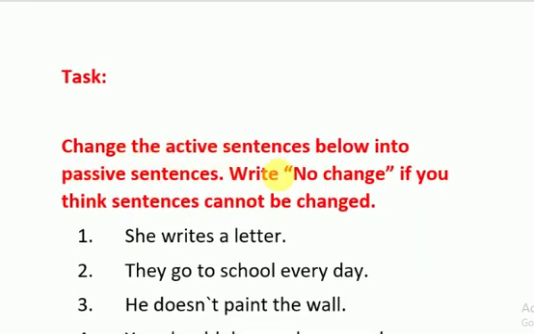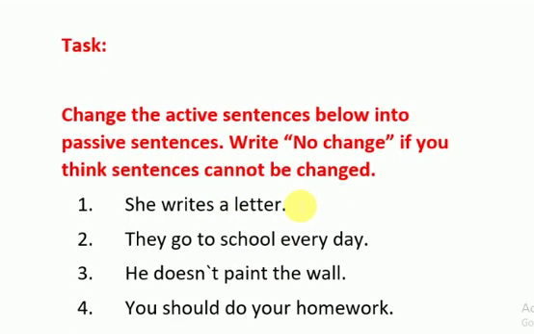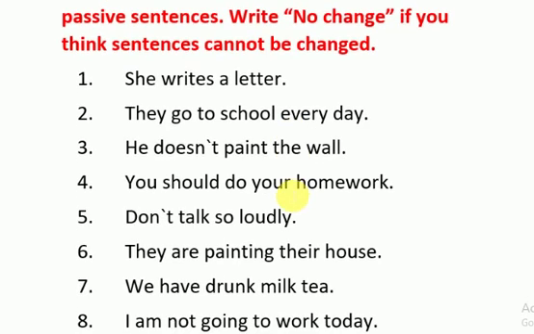Change the active sentences below into passive sentences. Write no change if you think that the sentence cannot be changed. You know that sometimes we cannot change sentences from active to passive. It's impossible. So you will focus on these sentences and try to turn them into passive ones.